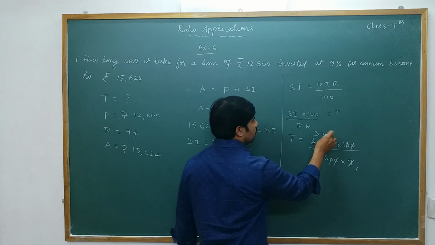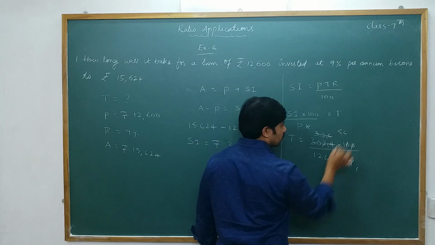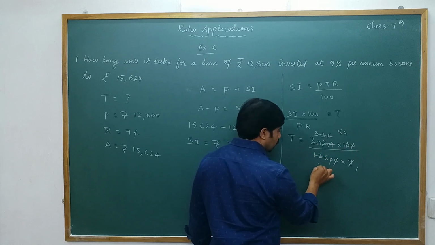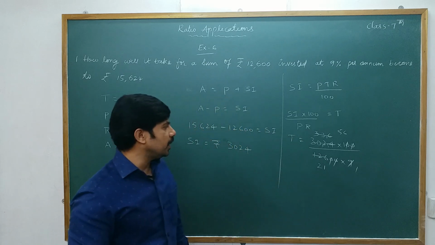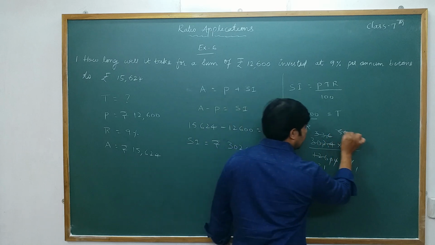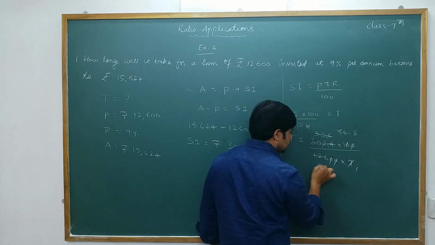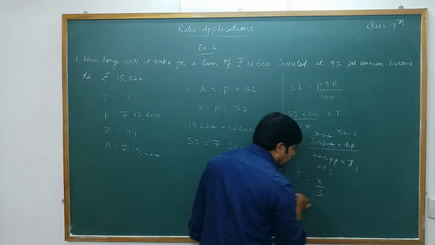Yes, 6 table. So 6 fives are 30. Remainder is 3. 6 sixes are 36. 6 twos are 12. 6 ones are 6. So 56 by 21 we can eliminate in 7. 7 eights are 56. 7 threes are 21. So we get time as 8 by 3.